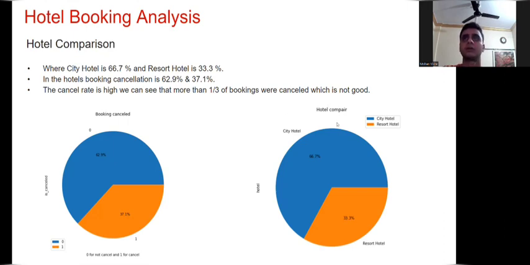In hotel comparison, 66.7% were city hotels, where 33.3% are resort hotels. As the cancel rate, from the first chart, is around 37.1%, it means around one third of the bookings were cancelled. So this is not good.